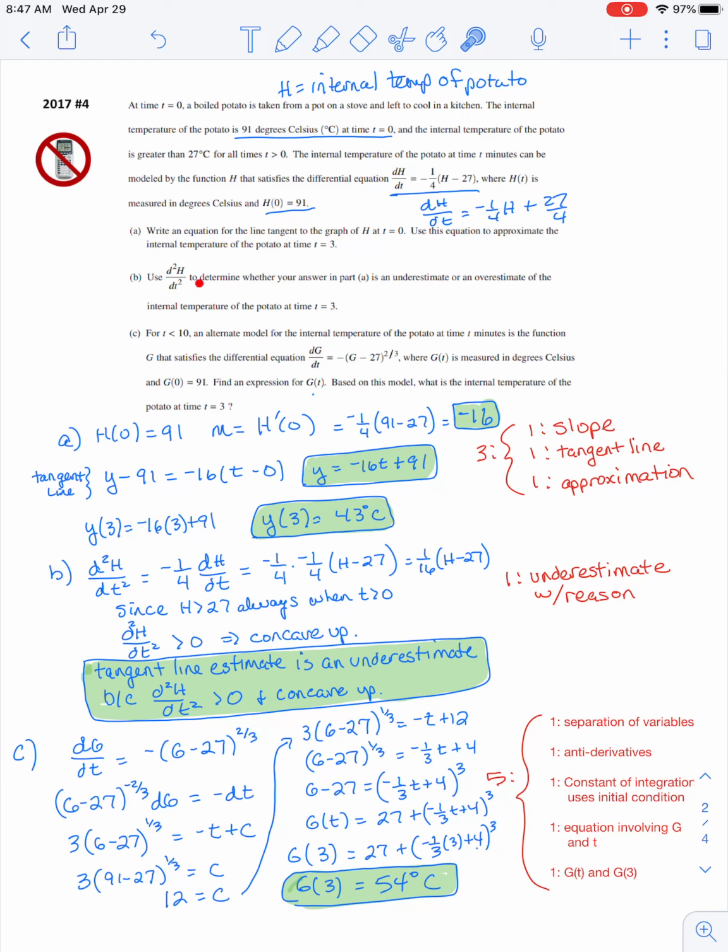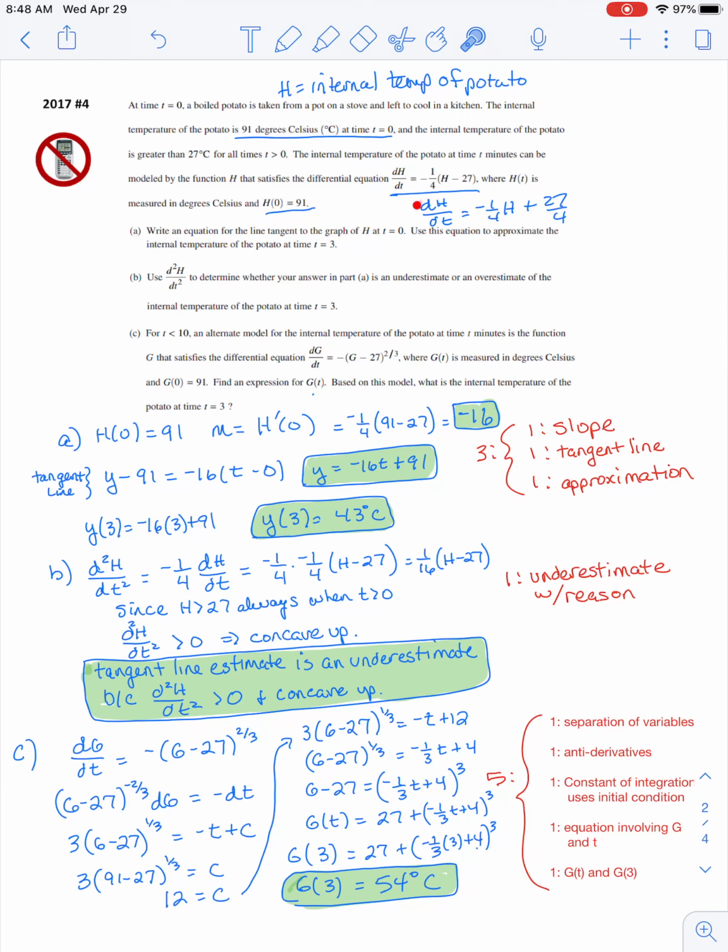Part B, we're going to use a second derivative of h with respect to t to determine whether or not your answer in part A is an underestimate or an overestimate of the internal temperature of the potato at time t equals 3. So in order to take that second derivative, I went and took the first derivative, I multiplied it out, and that makes it really easy to take this derivative then.